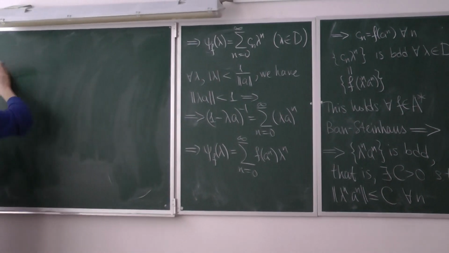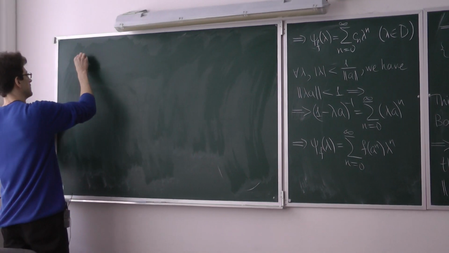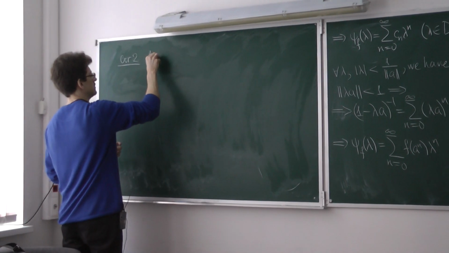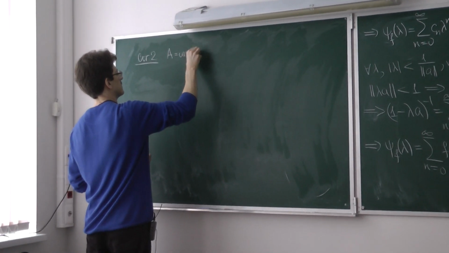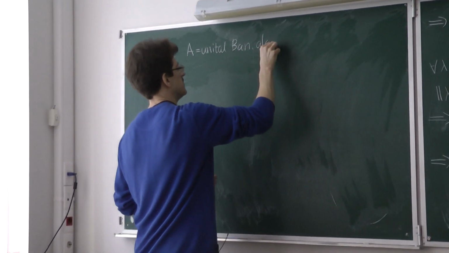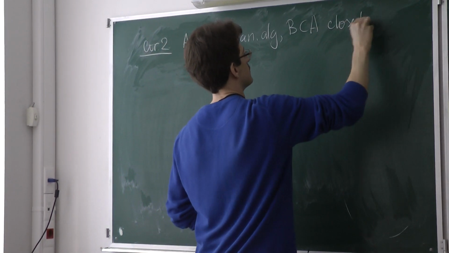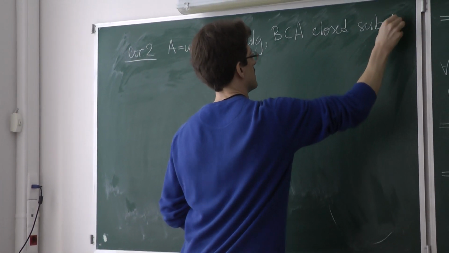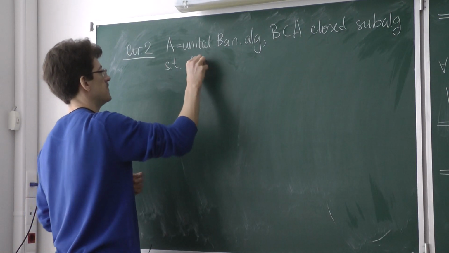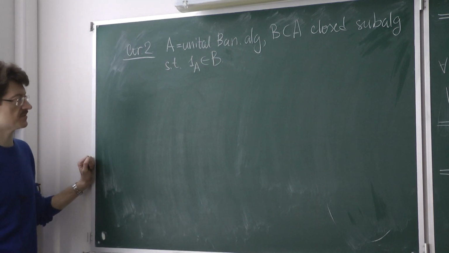And here's another useful corollary of the Gelfand formula, corollary 2. Suppose that A is a unital Banach algebra and suppose that B is a closed subalgebra of A, such that the identity of A belongs to B. So they have a common identity element.